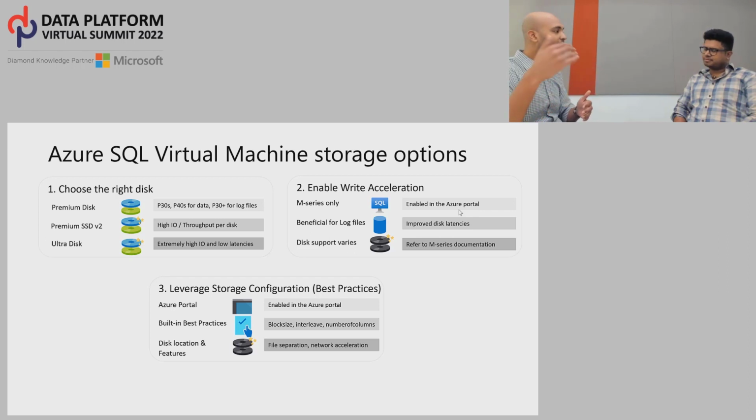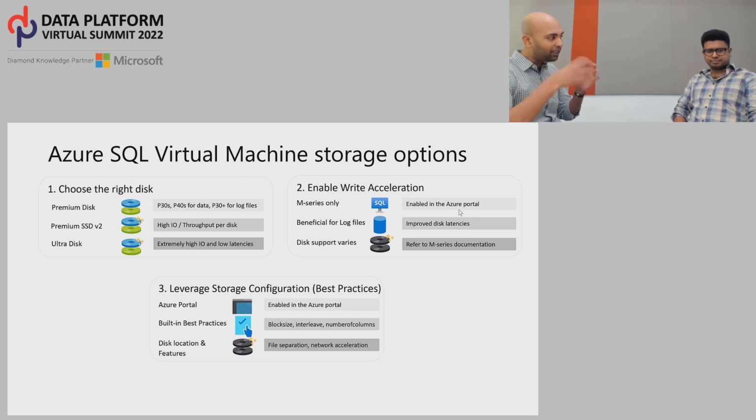So for those reasons, M series has this feature enabled which will give you that benefit. If you have log intensive workloads that require high log throughput, you could choose M series.